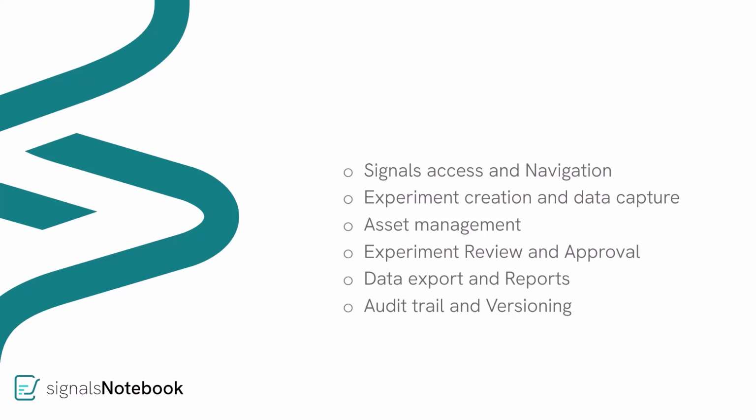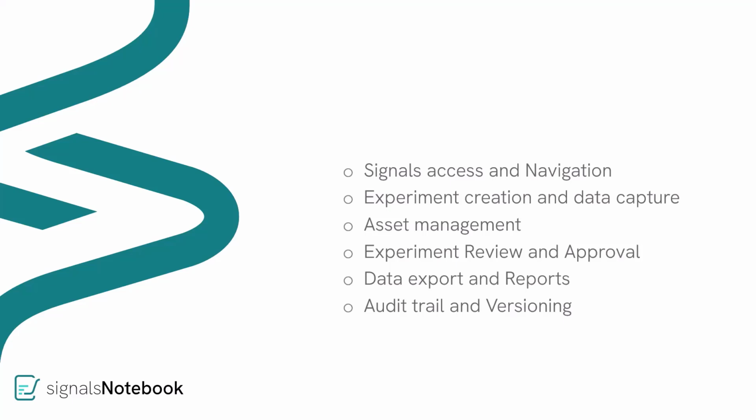What we have seen so far is how Signals Notebook can be accessed and how we can navigate through the system. We have also explored how experiments can be created both for chemistry and biology. We have looked at the asset management as part of the materials library within the notebook.